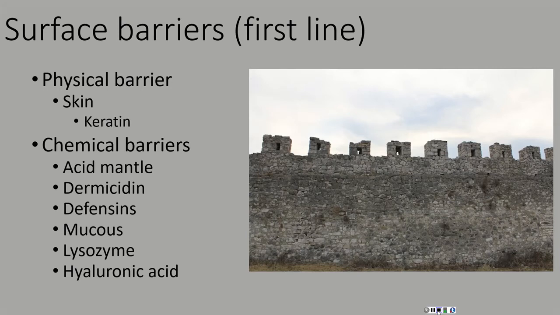And mucus, the protein, when it comes into contact with water, produces that slimy mucus that we tend to think of. And this will trap different pathogens, it will trap debris. And in our respiratory system, for example, once that mucus has all that debris trapped in it, the cilia are constantly moving that mucus up so that we could cough it out.